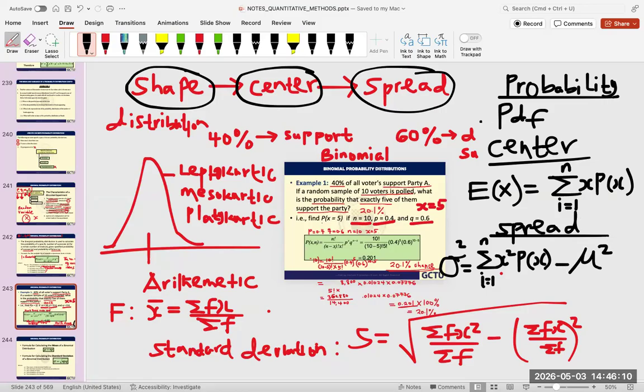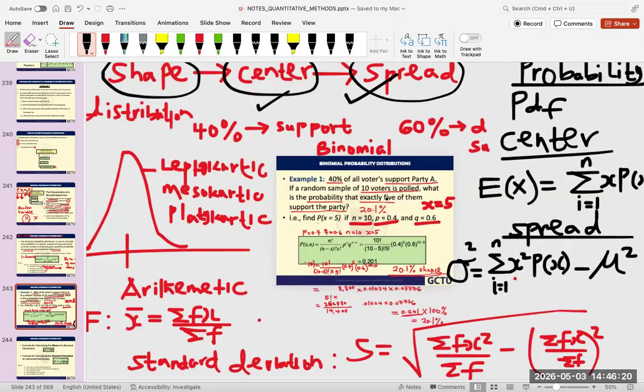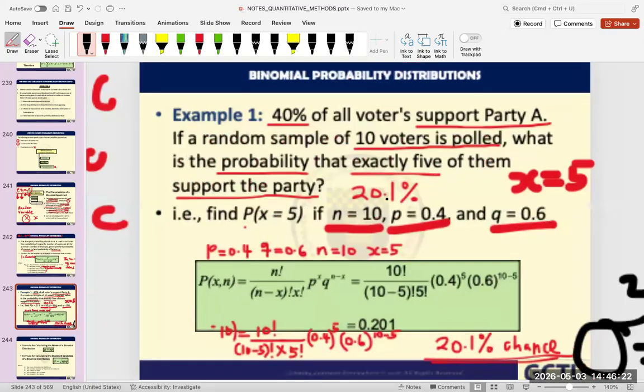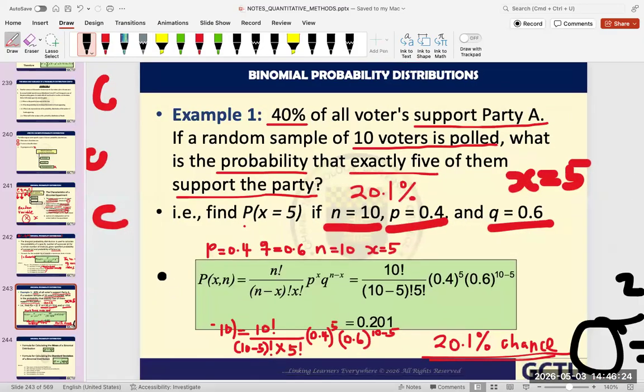So in all the cases, immediately we finish finding the shape, we go ahead and find the center, and we find the spread. And that's the same thing we want to do to this binomial distribution. If this is giving us the shape, what will be its center?